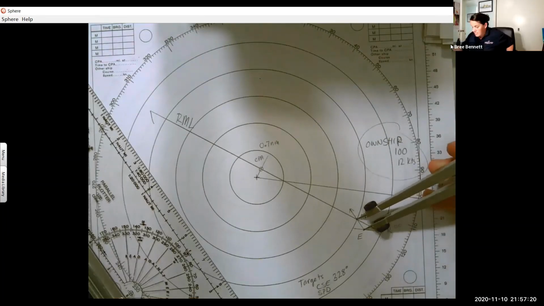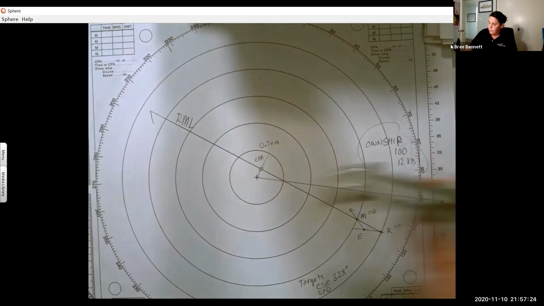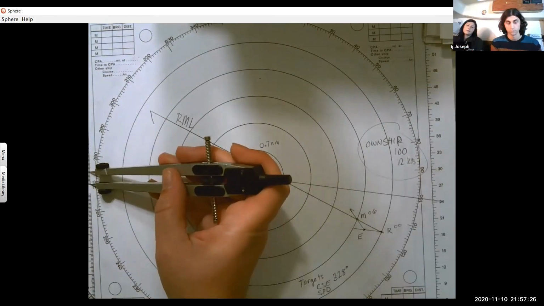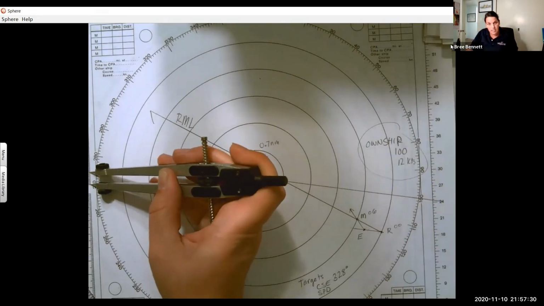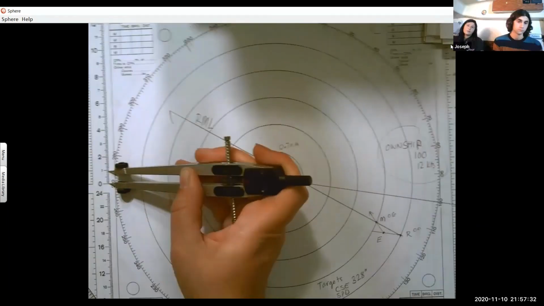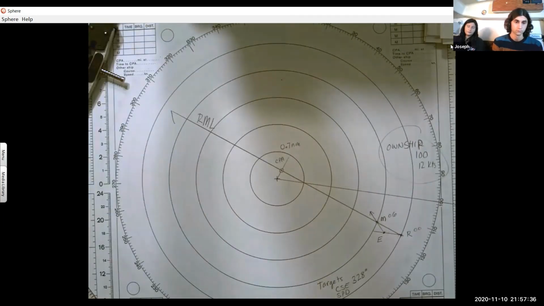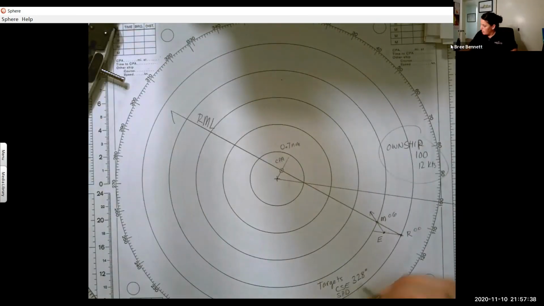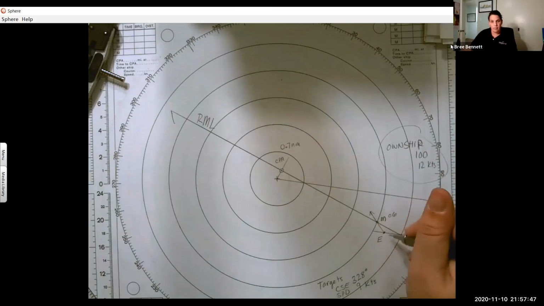So I measure the distance. So speed, distance, time. In 6 minutes, it traveled, we'll call it 0.9. Oops, can't see it. About 0.9. So we'll say the target speed is 9 knots. So go ahead and measure your E to M.